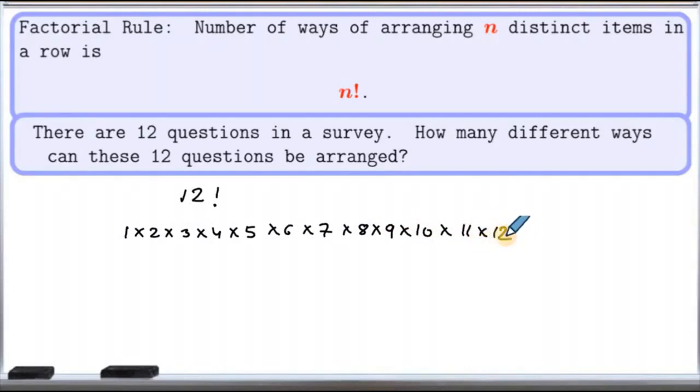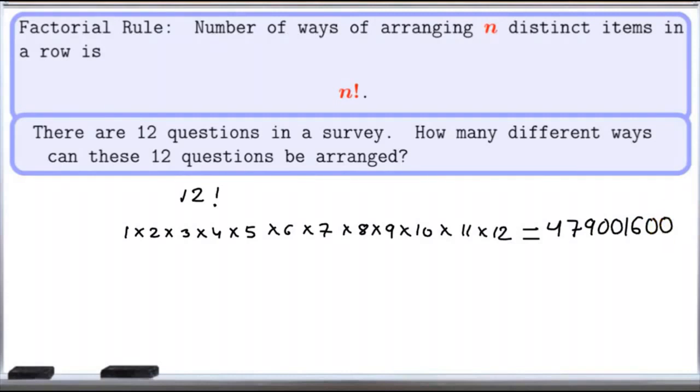So basically 12 factorial is the product of numbers from 1 to 12. So this is equal to, it's a really huge number, 479,001,600.